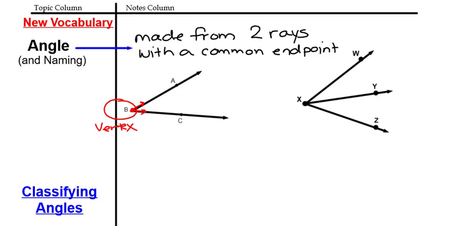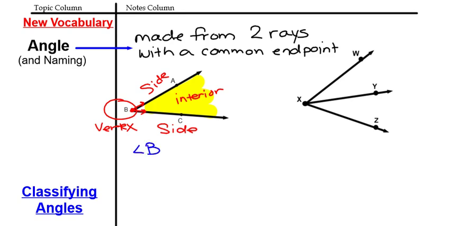The two rays are the two sides of the angle. And this part right here in the middle is the interior of the angle. So when we want to name this angle, we are going to call it angle B.